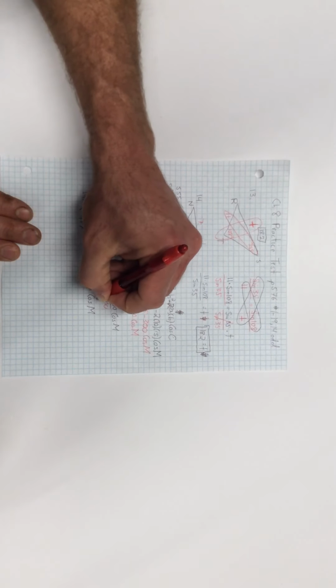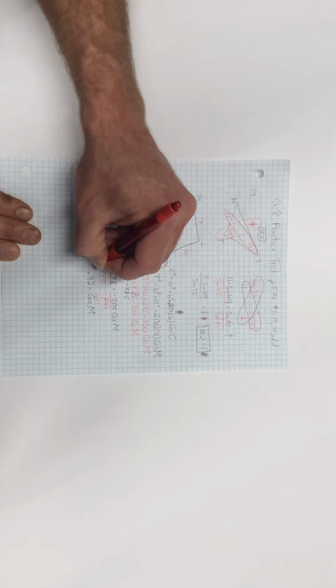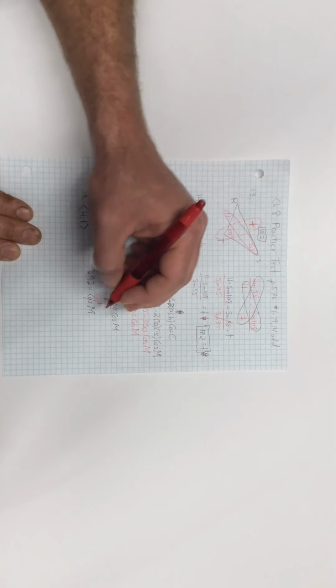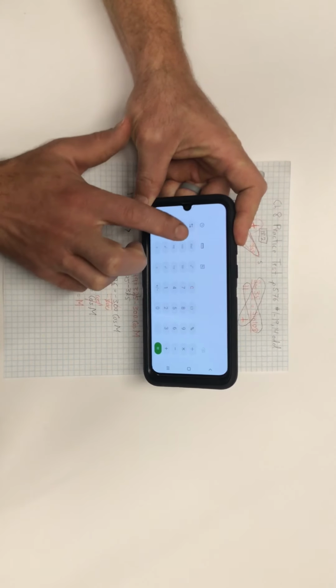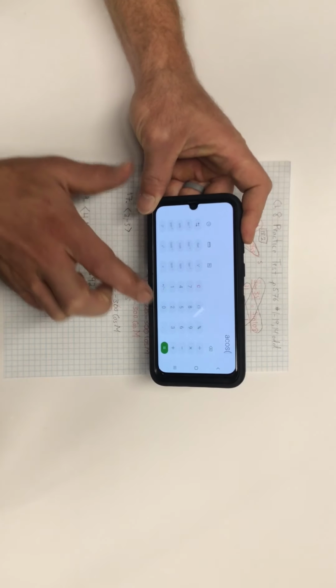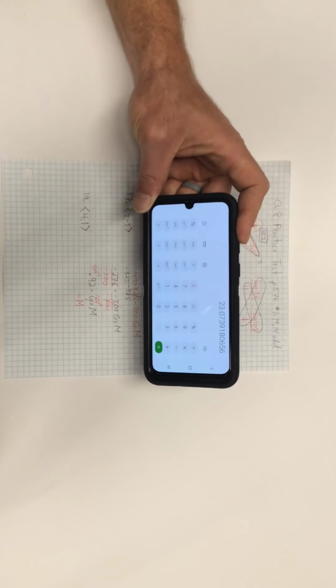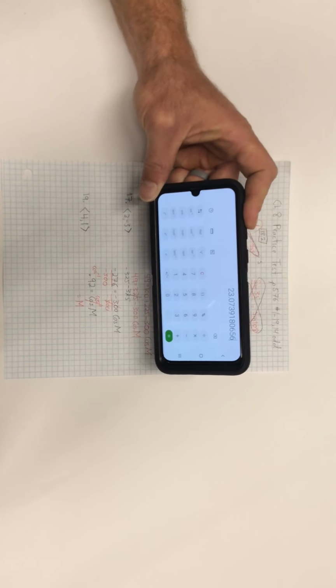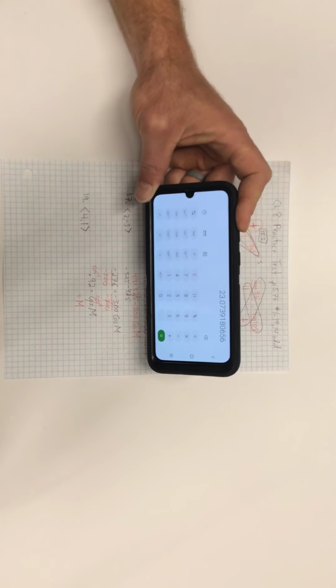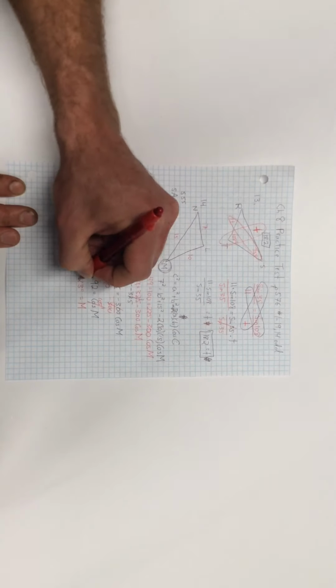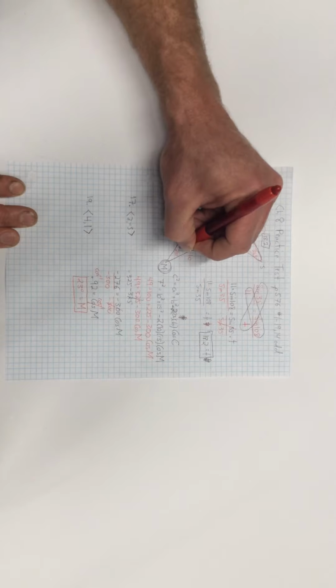So that cancels out, and I just get M equals the inverse cosine of 0.92. Let's find out. I'm so excited. Inverse cosine of 0.92 equals something that looks like a plausible degree, 23 degrees. And we're rounding to the nearest degree, so that's what we're going to leave it as. So M is 23 degrees.